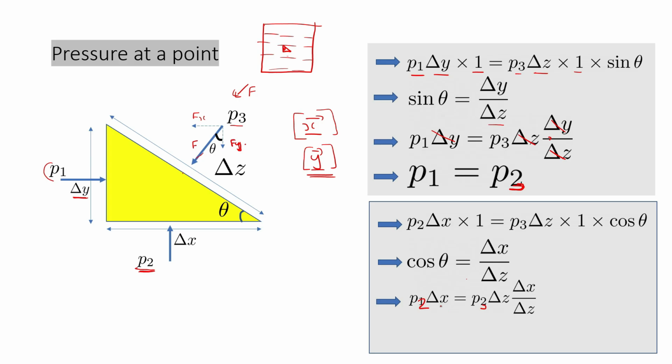So P2 into delta x will be equal to P3 into delta Z into delta x by delta Z. So delta Z will be cancelled off and delta x will be cancelled off. That means you will get P2 is equal to P3. So that is how you prove that P1 is equal to P2 is equal to P3. That means pressure will be equal in all directions.